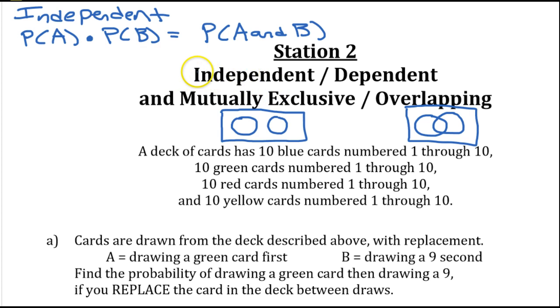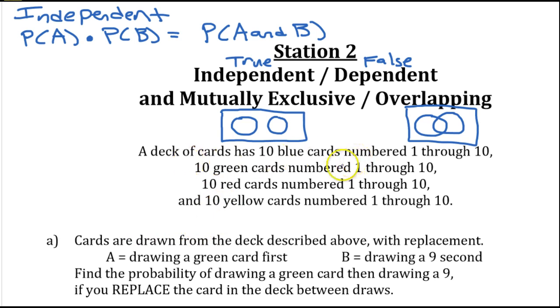So maybe next to this I'll put true for independent. If this equation is false, then that means that the two sets are dependent. Anyway, let's do some problems and see how it turns out.